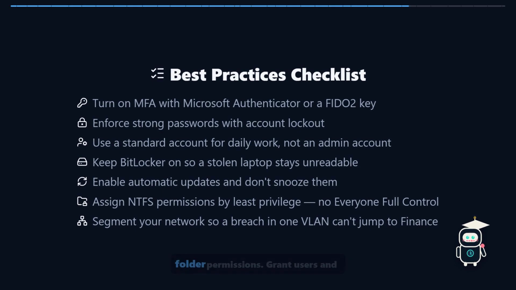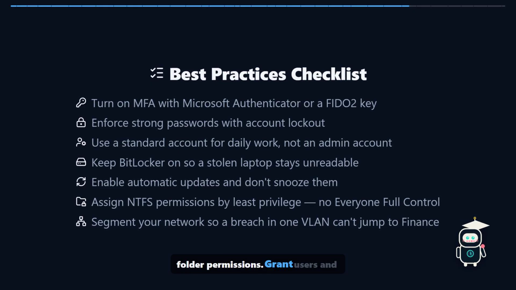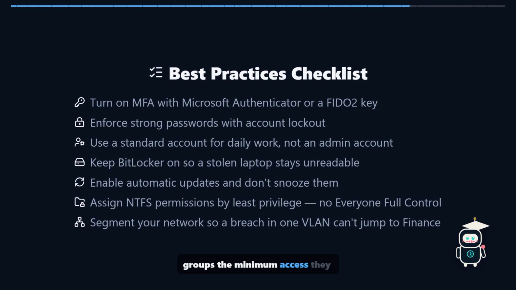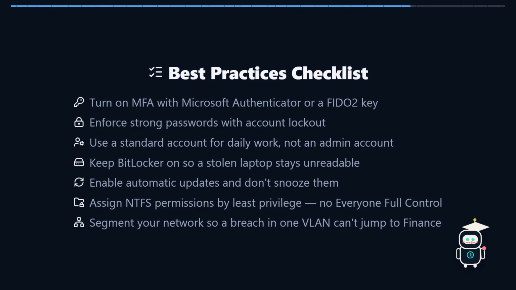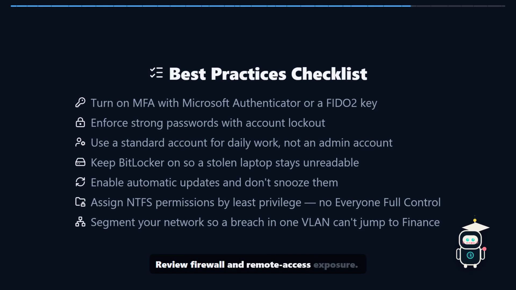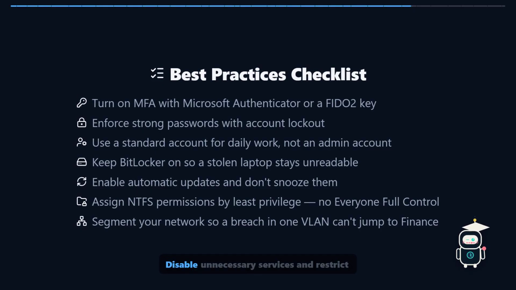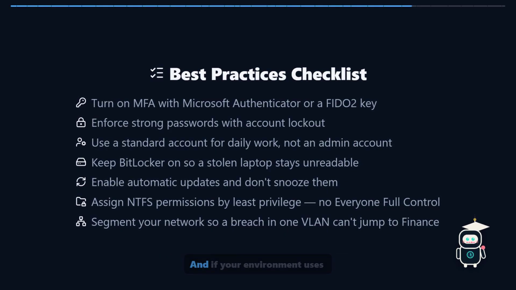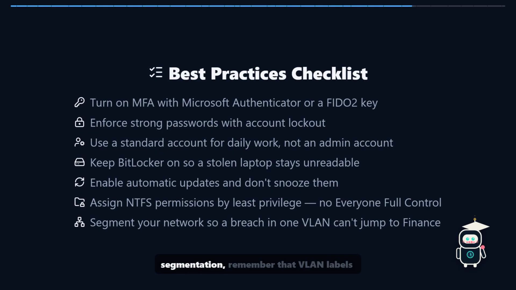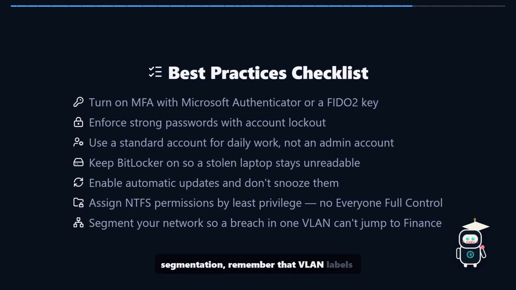Review file and folder permissions. Grant users and groups the minimum access they need, and verify effective access instead of relying on assumptions. Review firewall and remote access exposure. Disable unnecessary services and restrict management access to approved paths. And if your environment uses segmentation, remember that VLAN labels alone are not enough.